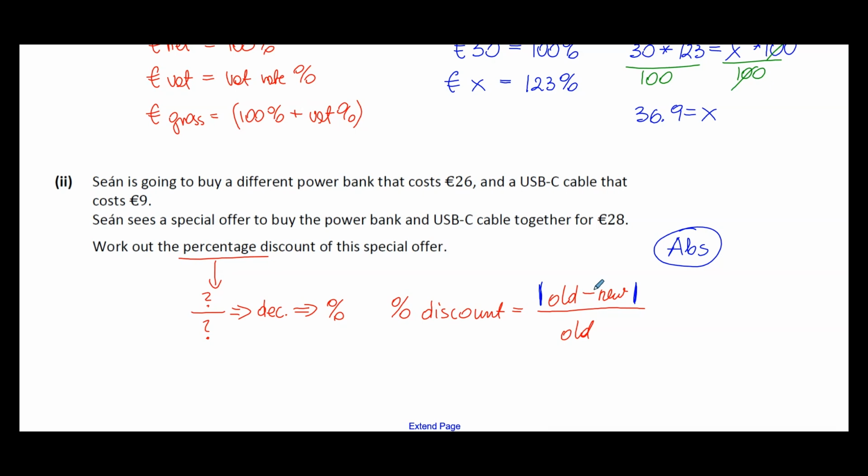In our case, the old value is the offer of 26 and 9 together, so 26 and 9 together, minus the new offer of 28, put that in brackets, and we divide by the old value, which is 26 and 9.